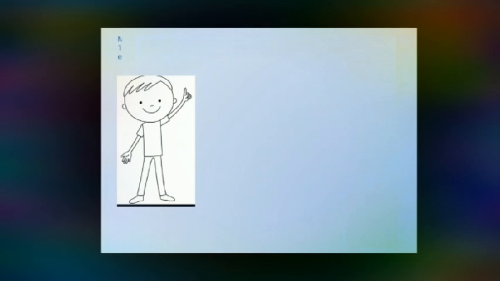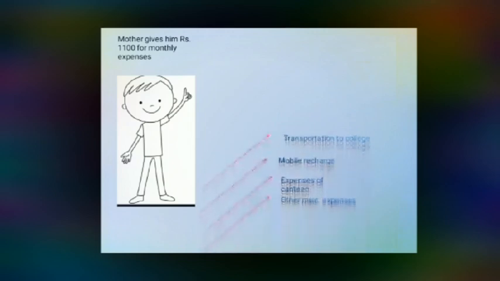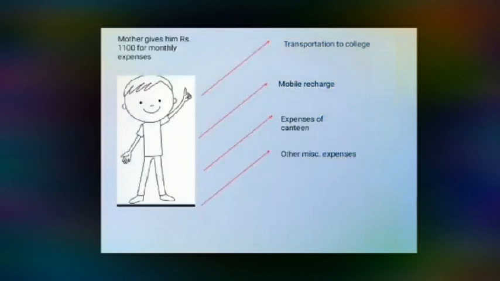The mother of the child gives him rupees 1100 as pocket money for monthly expenditure. From this pocket money, the child has to bear the different expenses incurred by him, like the transportation or the conveyance to the college, the mobile recharge, the expenses of the canteen, or other miscellaneous expenses that the child may bear throughout that particular month.